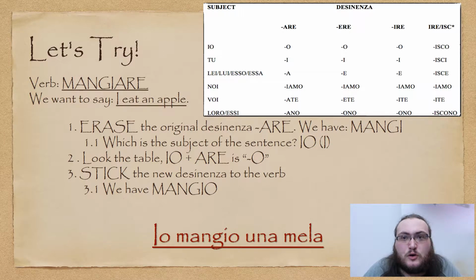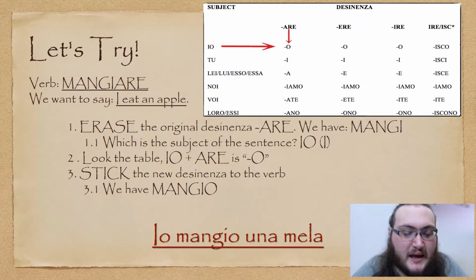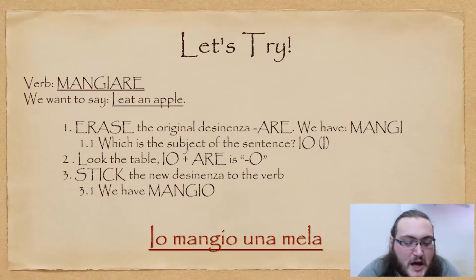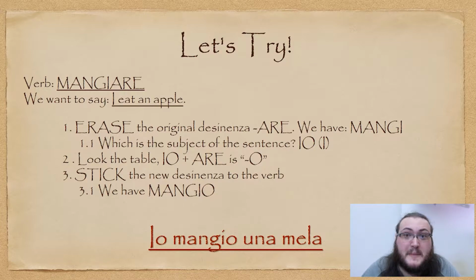So, let's have a look at the table. Go back for a second. Io plus are is o. Okay? So, we have mangi. We have to stick the new desinenza o to the verb, to the erased verb. We have mangio. This means I eat. So, the sentence, io mangio una mela.